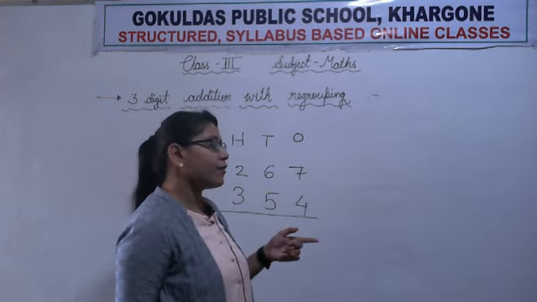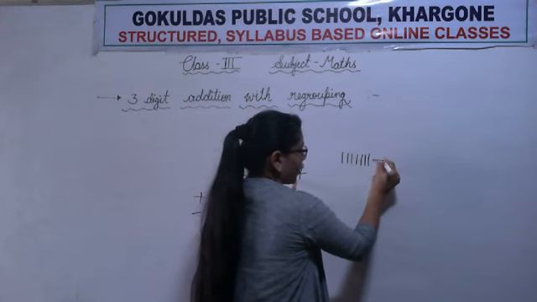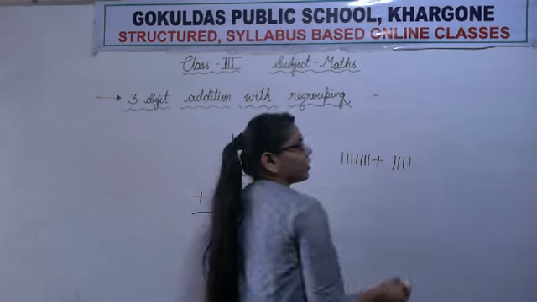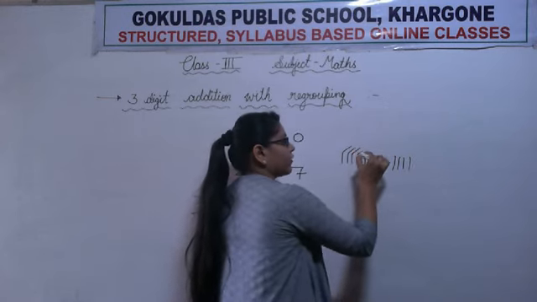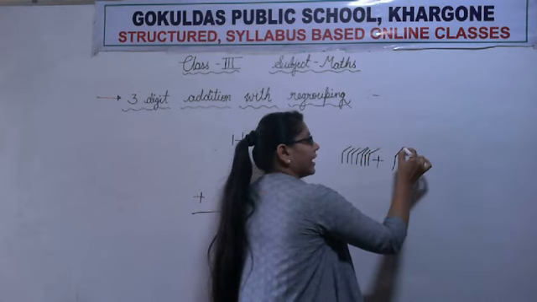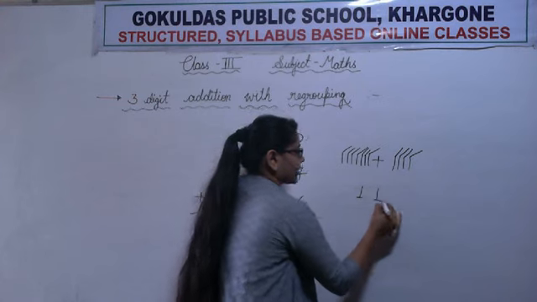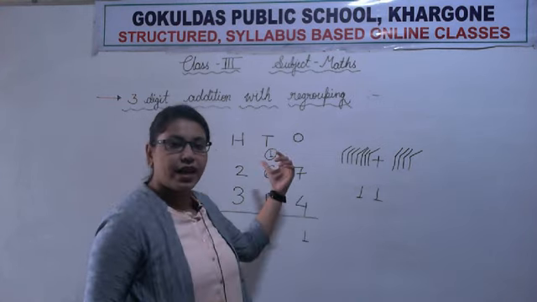First of all we will add ones in ones. First of all 7 is written there, so we will draw 7 sticks. Then 4 is there, so we will draw 4 sticks. Now let's count how many sticks are there. 1, 2, 3, 4, 5, 6, 7, 8, 9, 10, 11. Again we got a 2 digit answer. We will write 1 digit here and 1 digit in the form of a carry here.